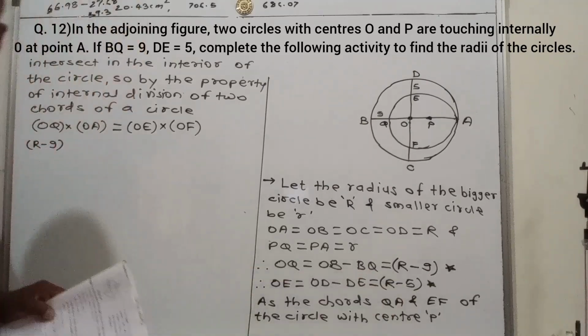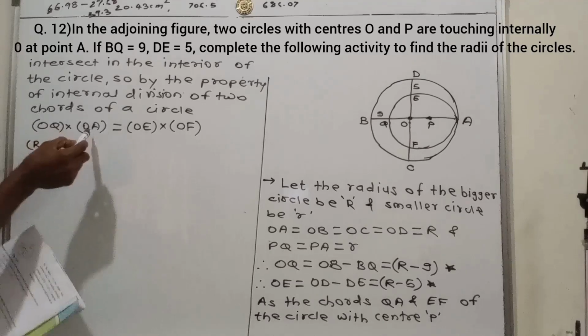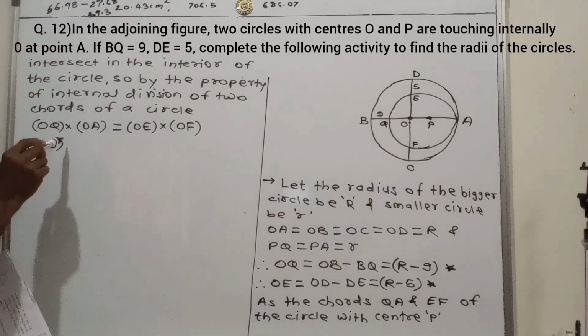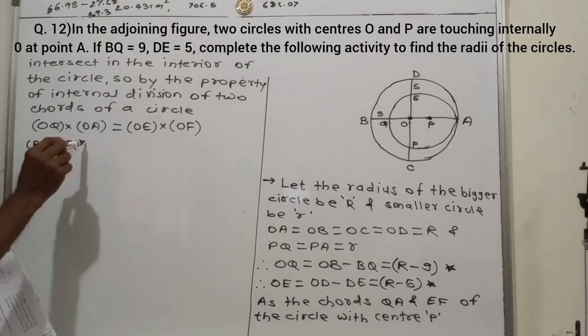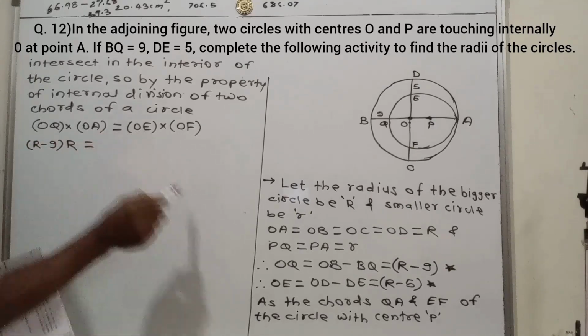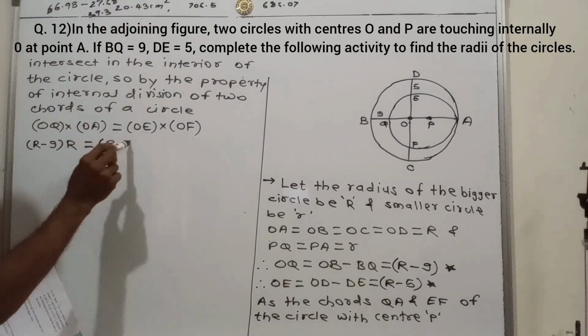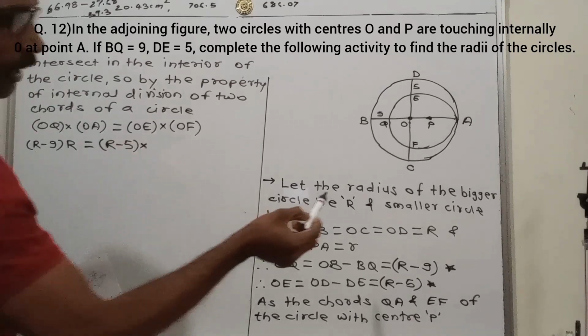OQ is equal to R minus 9 into OA. OA is the radius of bigger circle is equal to OE. Value of OE R minus 5 into OF.